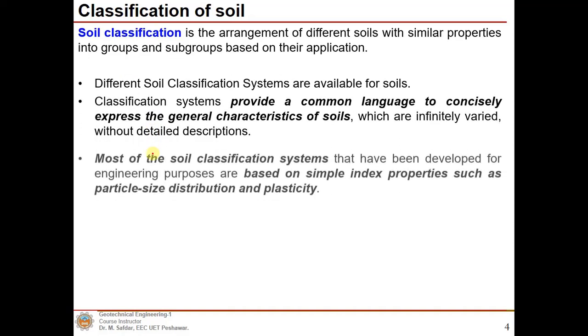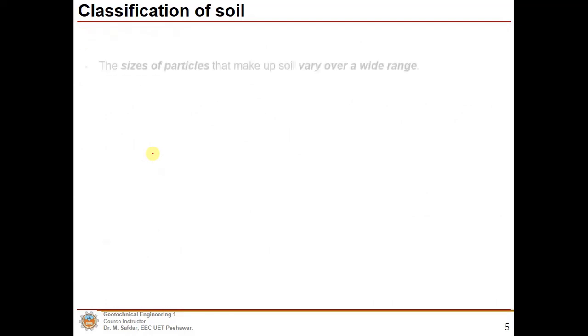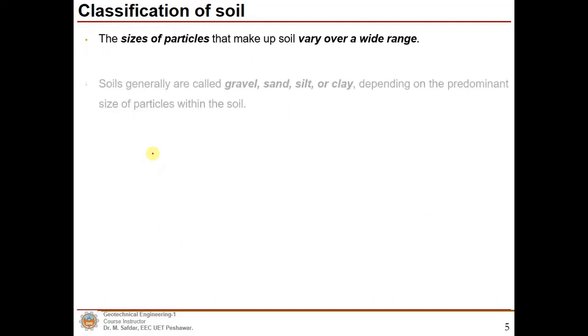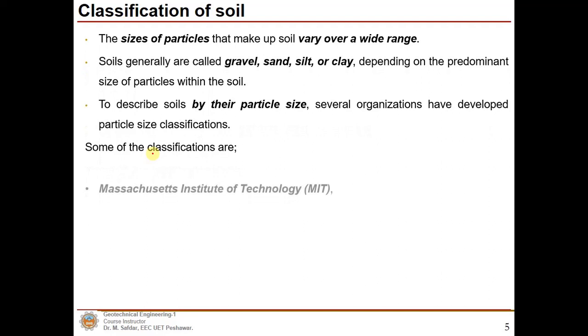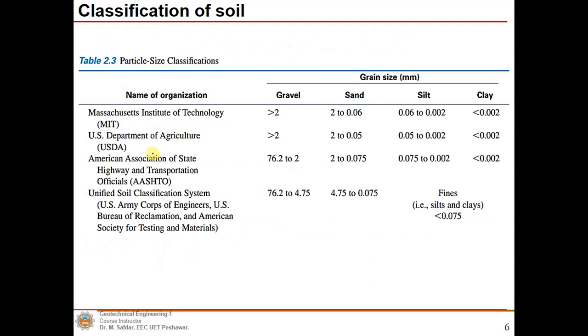So we studied soil classification, why it's important, and what we get from a soil classification system. In our previous lecture, we also studied the MIT system, the US Department of Agriculture soil classification system, the American Association of State Highway and Transportation Officials system, and the unified soil classification system. Then we discussed the table where you can see the different grain sizes for gravel, sand, silt, and clay size materials.